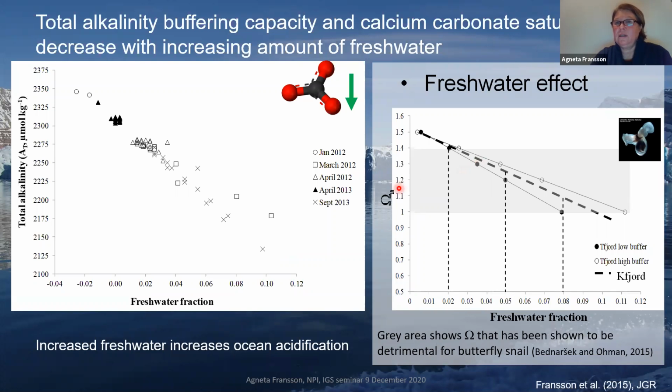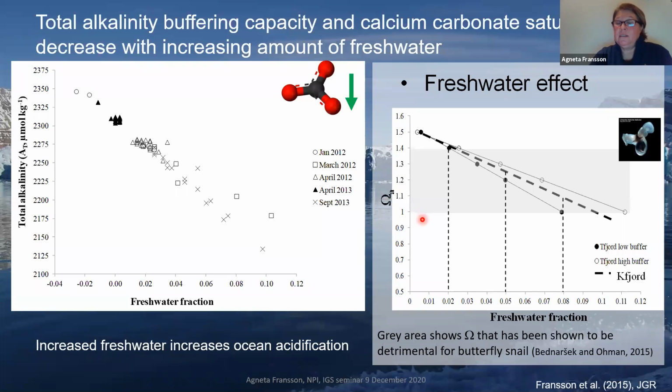The one to the right-hand side shows the calcium carbonate saturation, which is a measure of how much free carbonate ions there are in the water. And if this value is below 1, it means that the calcium carbonate will chemically dissolve.